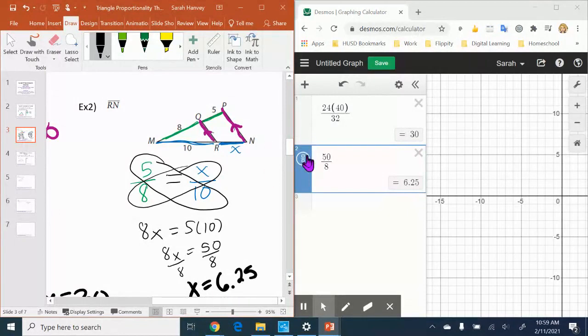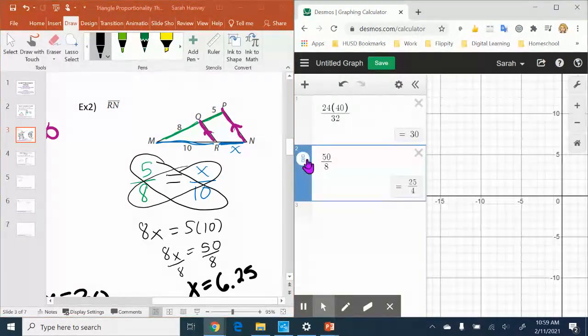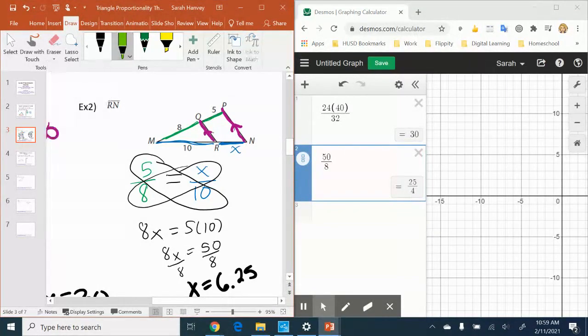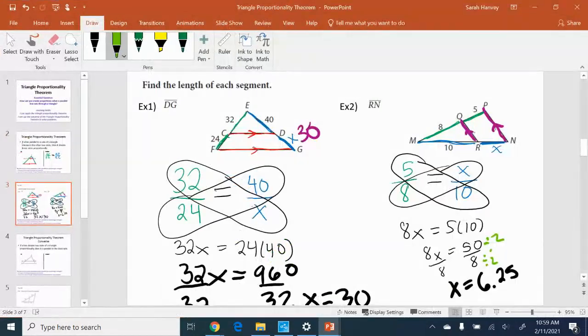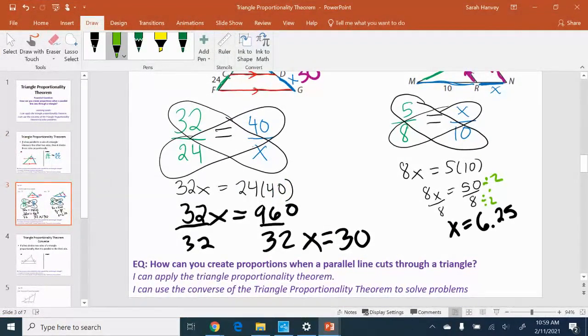Or we have a really cool feature here where you can click there and it reduces it. So we know that the top and bottom can be reduced by dividing by 2. And so as a fraction, we can also have x equals 25 over 4. So either one is the right answer.